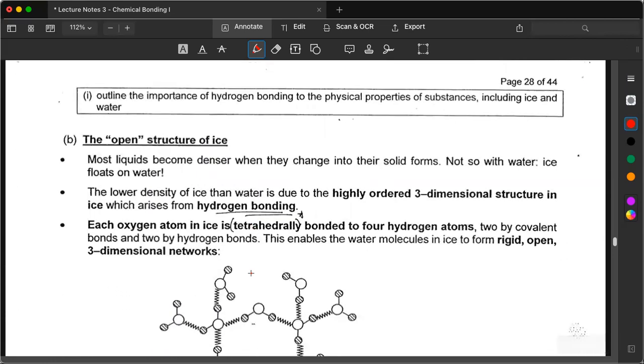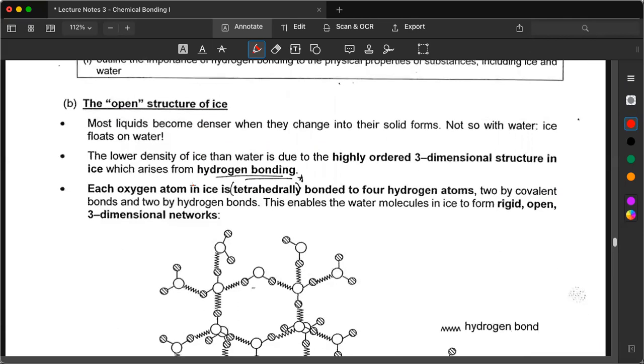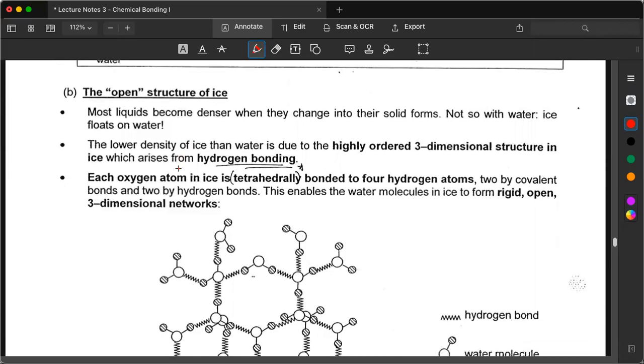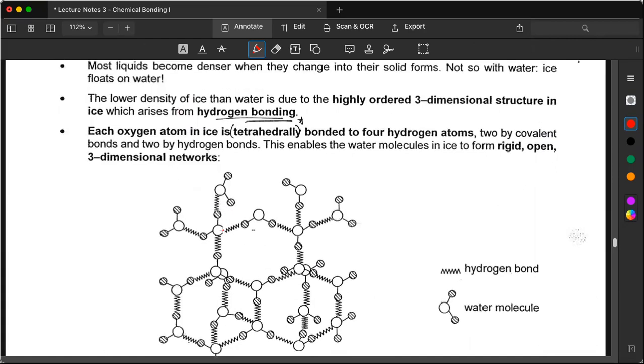Let's examine the open structure of ice. Okay, most liquids become denser when they change into solid form, but not so with ice. The lower density of ice is due to the highly ordered three-dimensional structure that arises from hydrogen bond. So each oxygen atom in ice is tetrahedrally bonded to 4 hydrogen atoms, 2 by covalent bond and 2 by hydrogen bond.